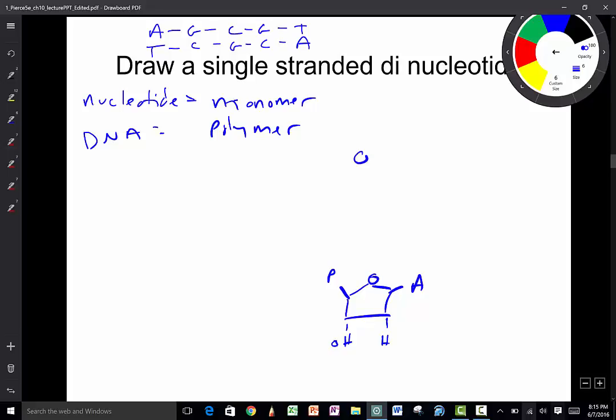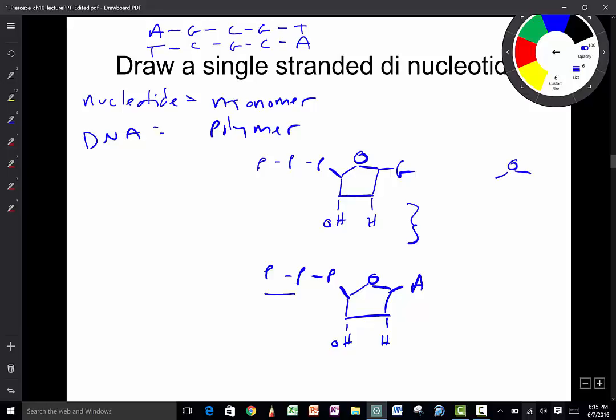And then we have another nucleotide here, and it has an OH and an H, and maybe that's a G, and it's got its own phosphate. And this one will probably have 3 phosphates. And this might have 3 phosphates too. Kind of depends on the exact situation, but if we're going to link these together, this is going to start with 3 phosphates. So we need to link those together.